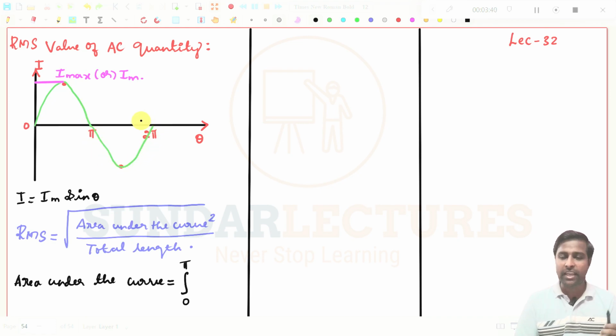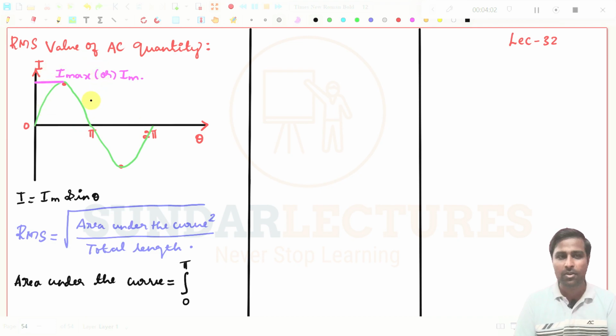Instead of average, we are taking the area under the curve; that is the formula if we are taking waveforms. If you take the average for both half cycles, it results in 0. So we never take average values from 0 to 2 pi because it results in 0.